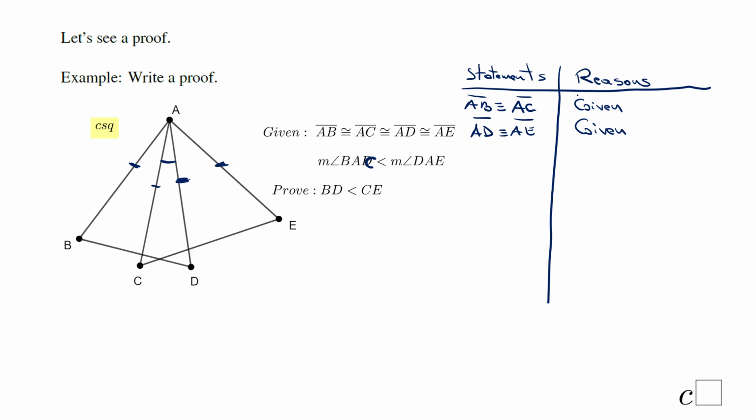And then let's take a look at what we have here. The measure of angle BAC is greater than the measure of angle DAE. Let me erase this. I will put it again in a moment.